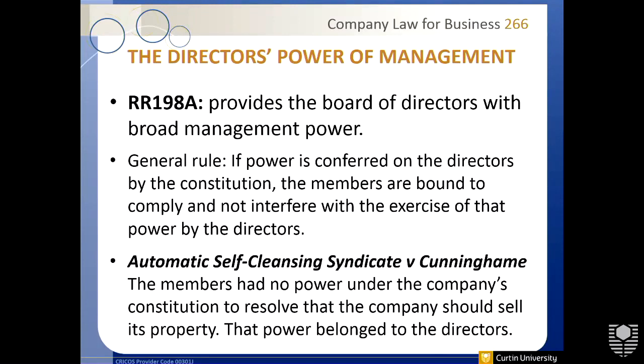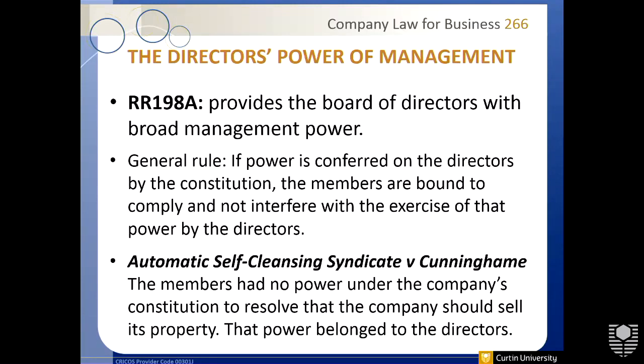When the company decisions are left with the members, they will try to make decisions which are beneficial to them. Whereas when a director makes a decision, they have to make sure that the decision is in the best interest of the company. Otherwise, they will be in breach of directors' duties. All right, and directors' duties are contained in sections 179, 180, 181, 182, 183, and the criminal equivalent, section 184.